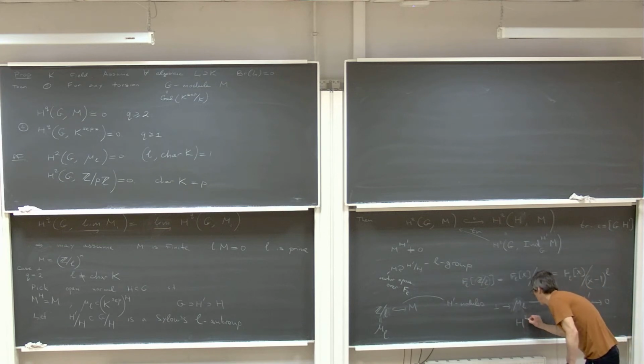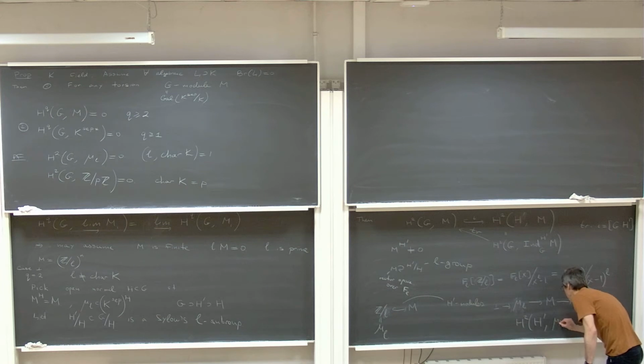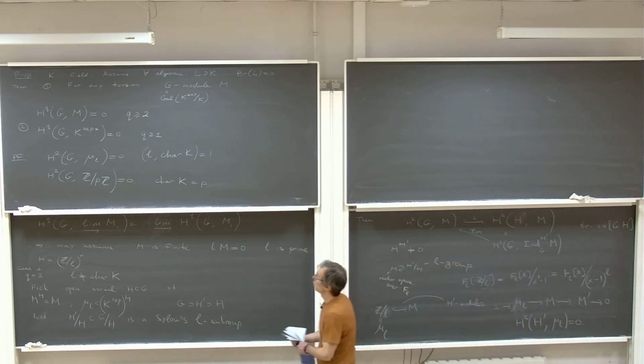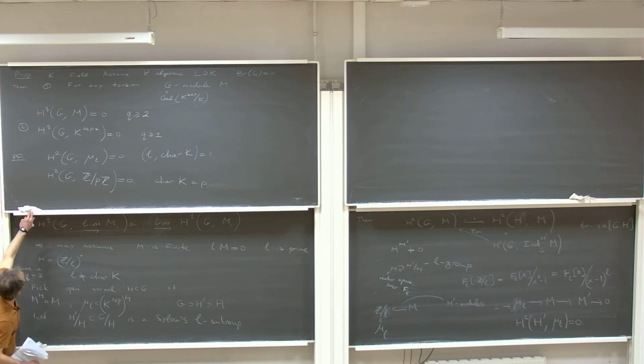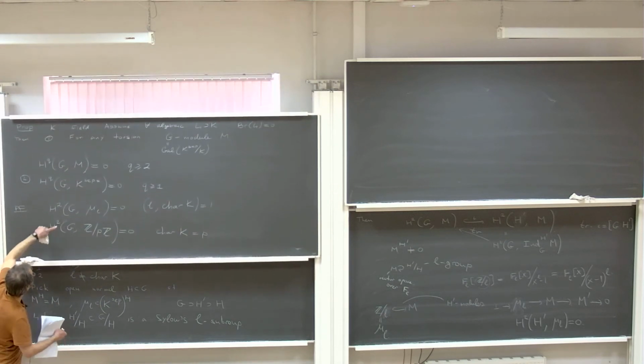Second homology of H prime with coefficients in mu L is 0, right? Why is that? Well, this was this observation, but it also holds.